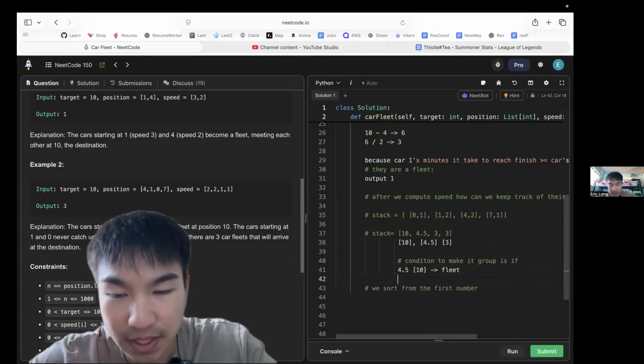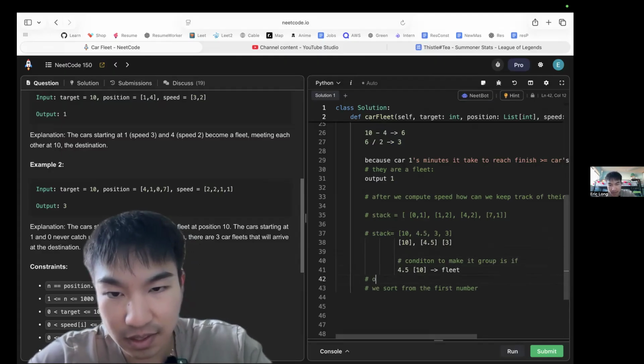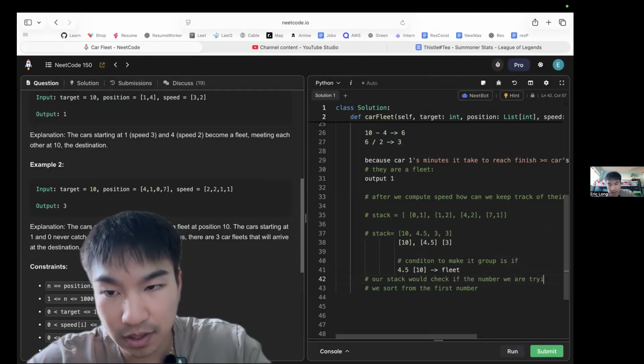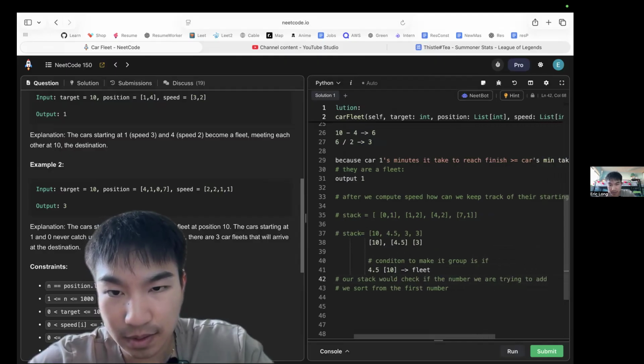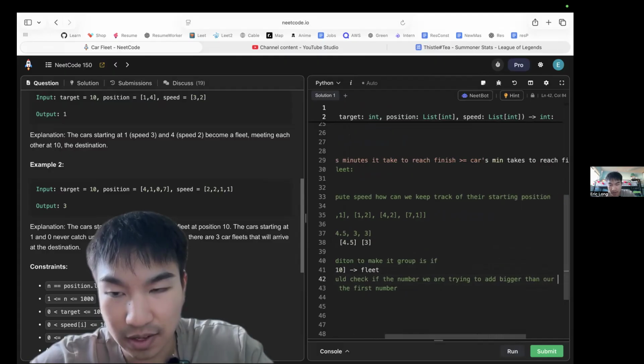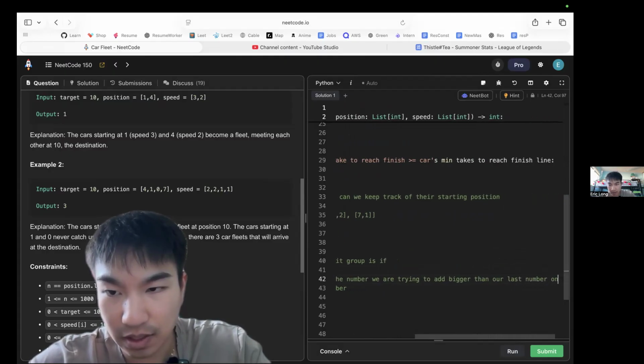Our stack would check if the number we are trying to add is bigger than the last number on the stack.